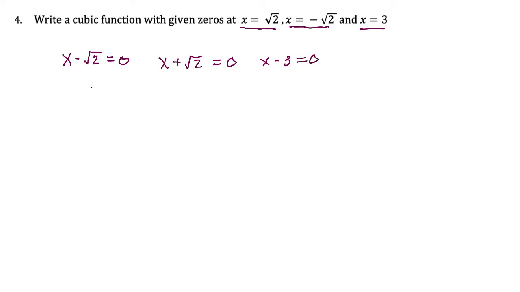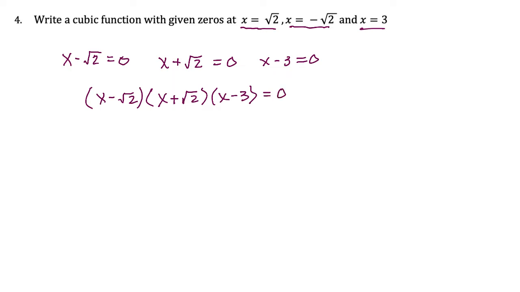And then putting all of those together, we have x minus root 2, times x plus root 2, and then x minus 3. And then all of that equals 0.